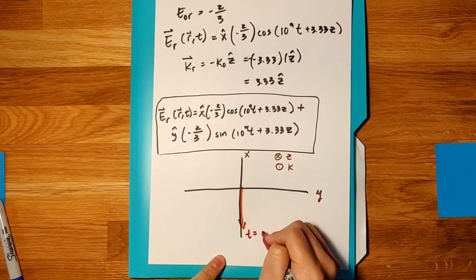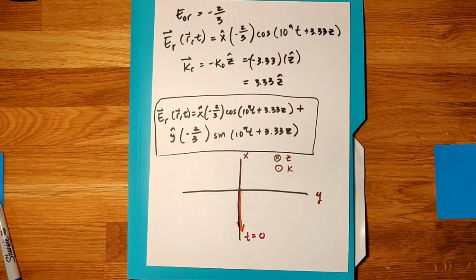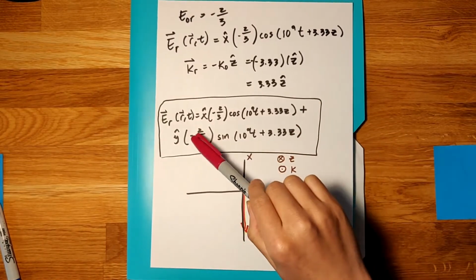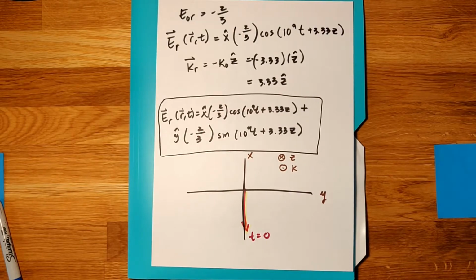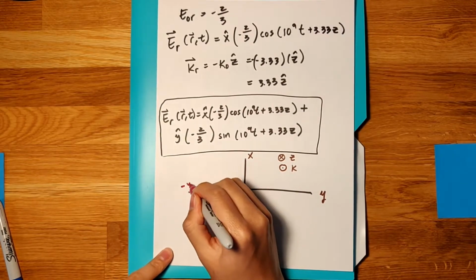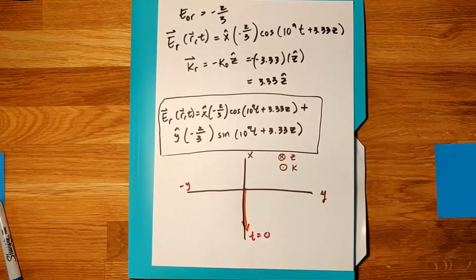So all that means is it's gonna be in a negative x hat direction, which is this way, at t is equal to 0. And then it goes to negative y hat, negative coming from the magnitude again. So if we know that this is a negative y, it will go here, looking at our ER equation.